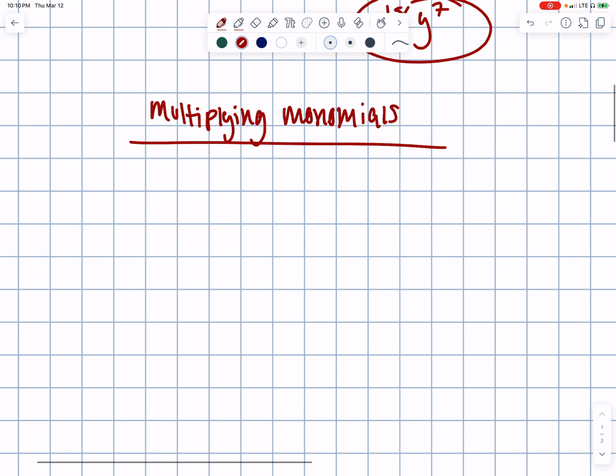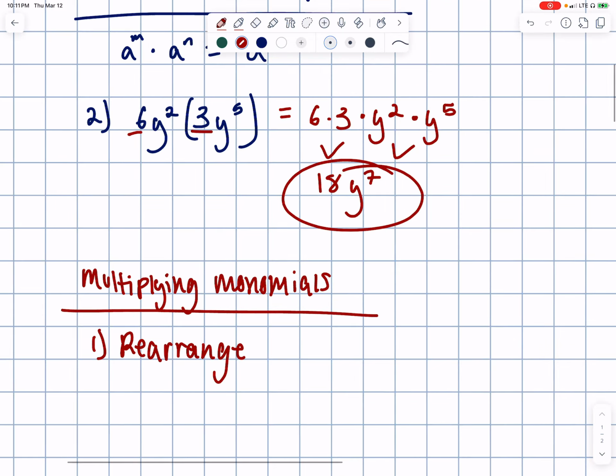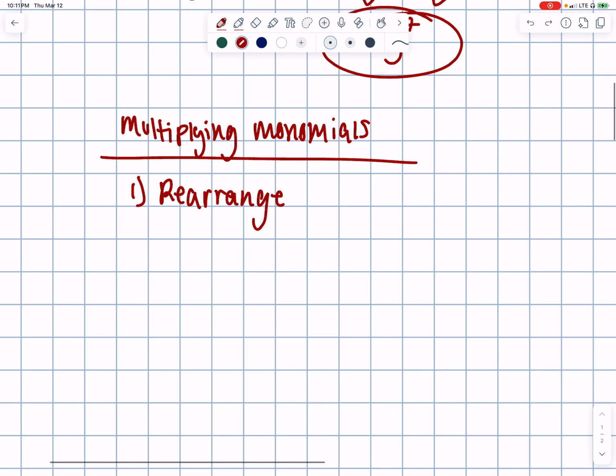Number 1, you're going to rearrange the factors to group the coefficient and the variables, like how we did here. We group these and we group those. That's what it means by rearrange.